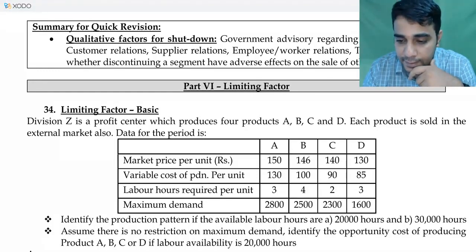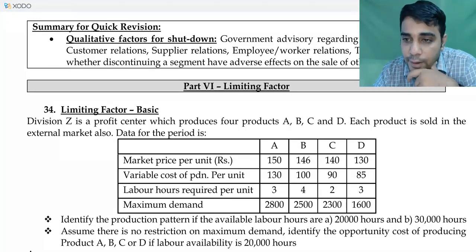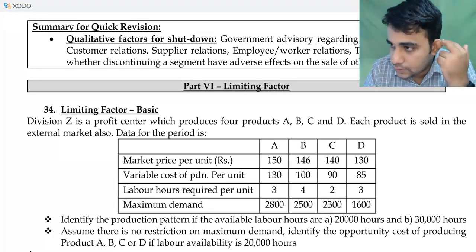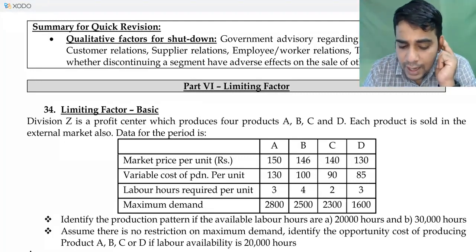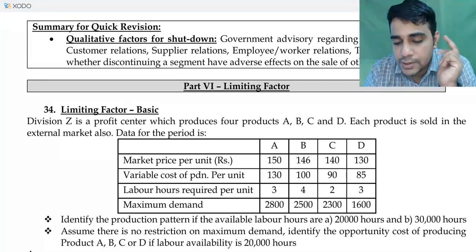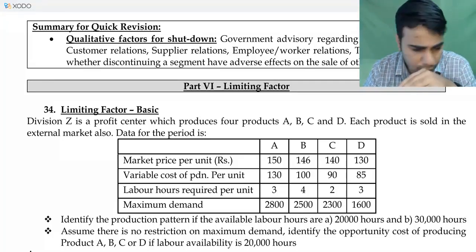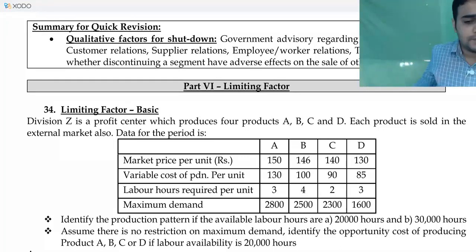Data for the period is market price, variable cost, labor hours required, maximum demand. Identify the production pattern if you have only 20,000 hours or 30,000 hours, two different situations. Assume there is no restriction on demand. What is the opportunity cost? Part 2 has some different requirement; we'll see part 2 in some time. Go through the question.